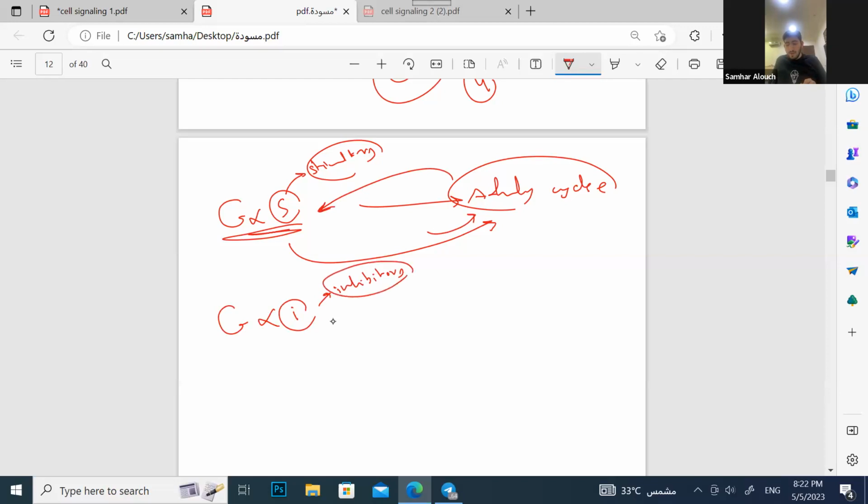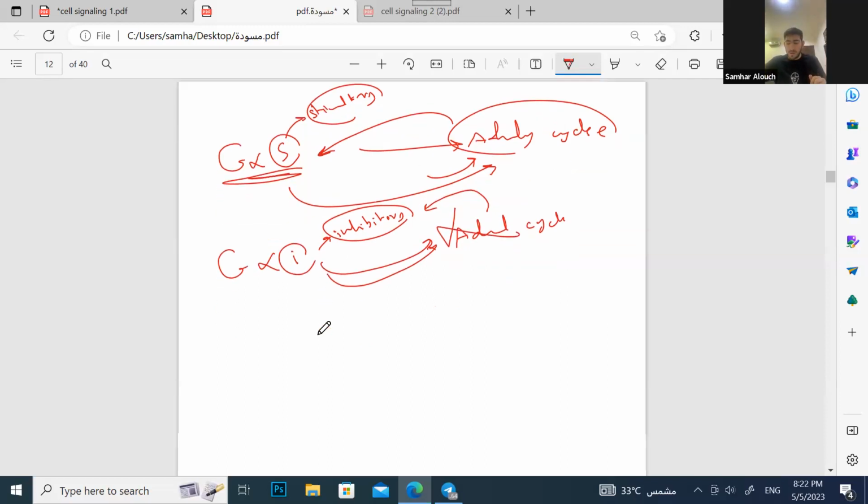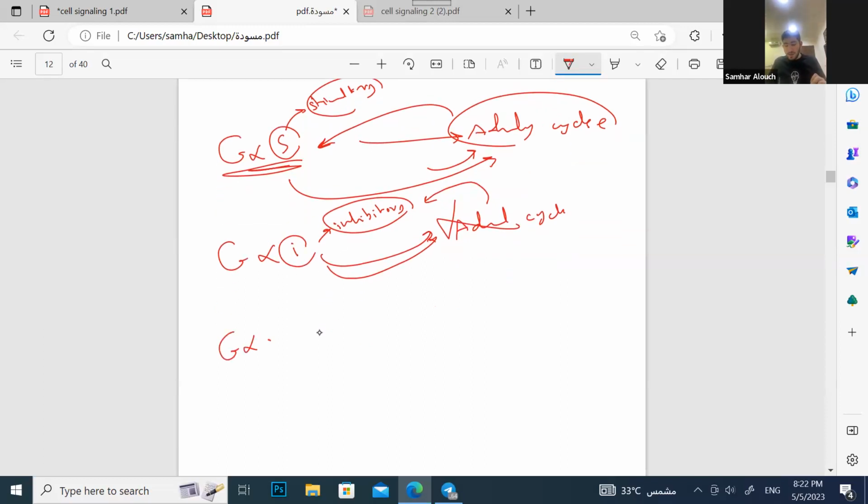G-alpha I goes and inhibits adenylyl cyclase. So once the ligand binds and G-alpha dissociates and inhibits adenylyl cyclase, it is G-alpha I, which is G-alpha inhibitory. The next type is G-alpha Q, and it goes and activates the phospholipase C pathway.